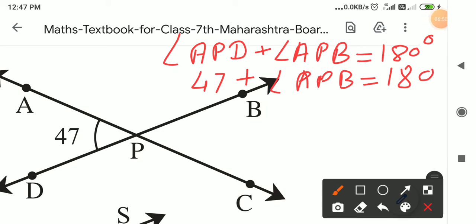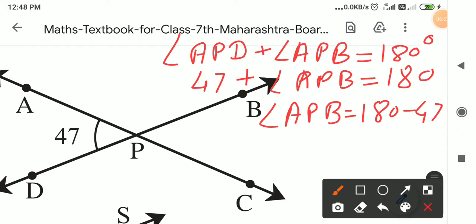Angle APB is equal to 180 degrees minus 47. Ten minus 7 is 3, 7 minus 4 is 3, and here it is 1. So here you will get the measure of angle APB equal to 133 degrees. The next step of this example is this.